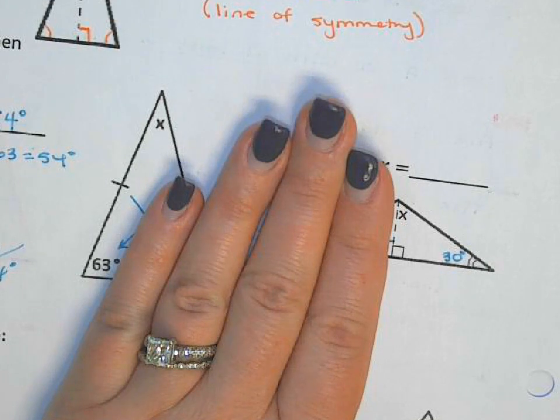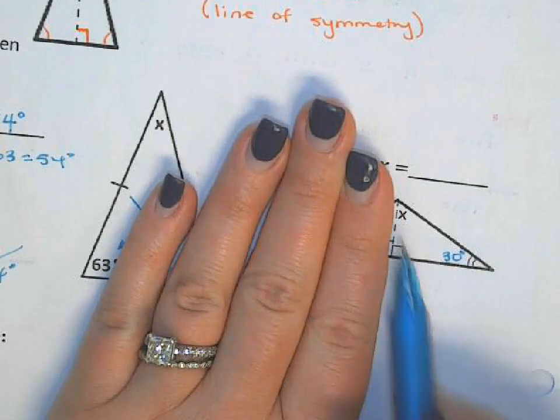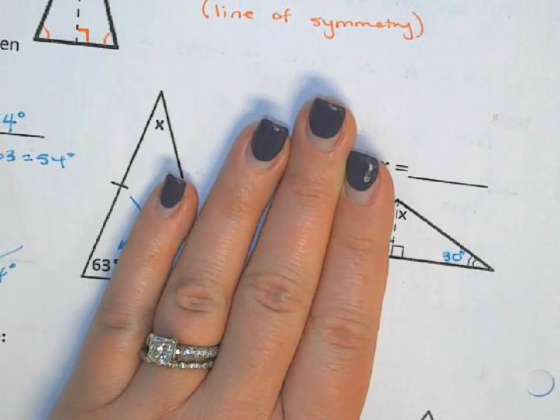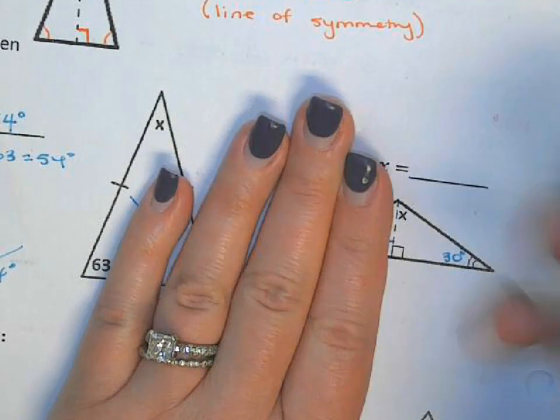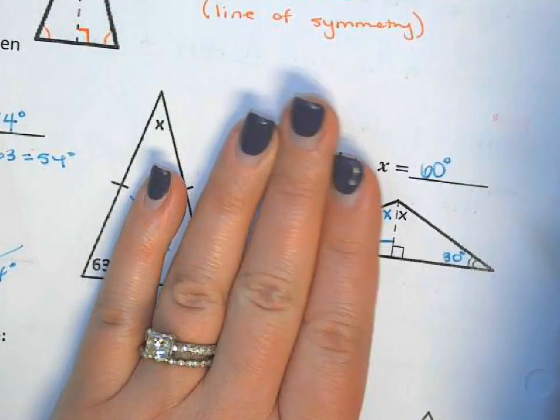You have a 30, you have a 90, you have an X. And what do you know about those three angles? They have to add up to 180. So what do you get for that X? 180, subtract the 30, subtract the 90. 60. Okay, you could do it that way.